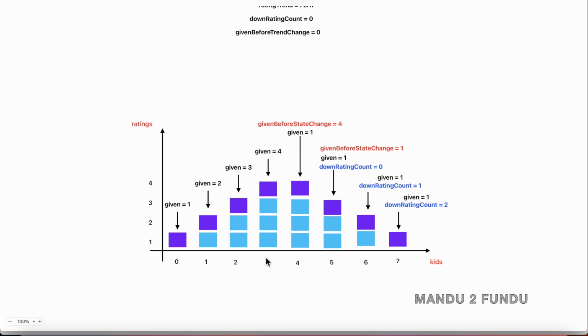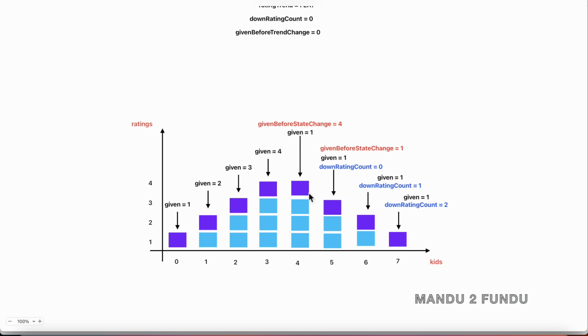And whenever a trending flat condition occurs, then only for the first kid we already gave 4 and we don't have to give extra. So only if the rating is higher than the previous one do we have to give extra, otherwise we don't need to.